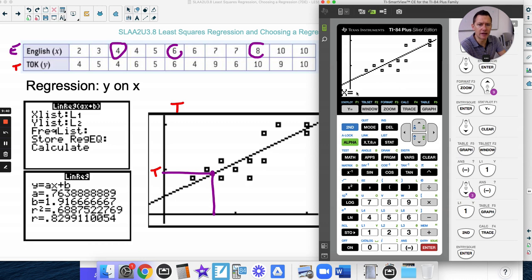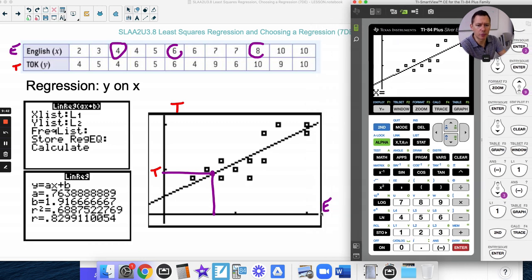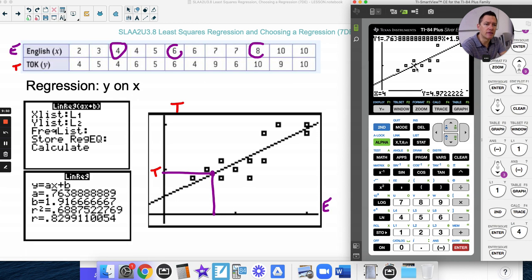And notice I'm putting in an X value. That means I'm putting in an English value. I put in a 4 because I'm a math teacher and I don't speak English good. And it tells me the Y value is 4.9, so a 5. Okay? That's good.